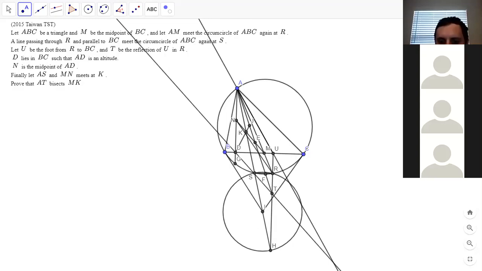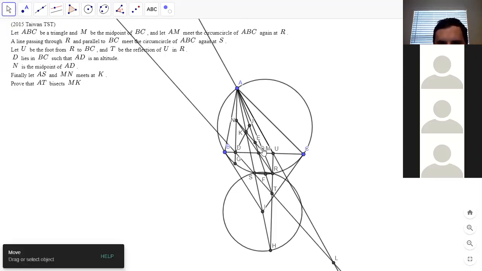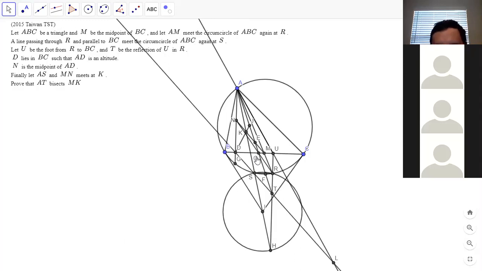But so you were saying with point L, oh, you're saying by Ceva's theorem, these concur. Yeah, because we have two midpoints like that.